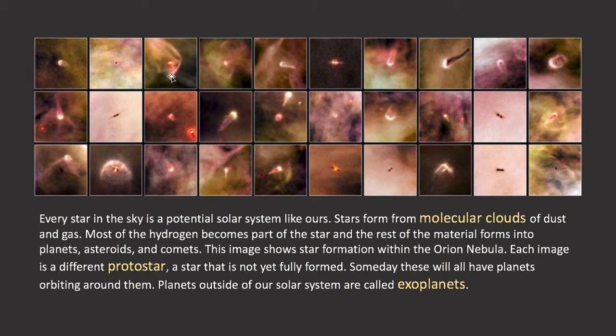You can see that they're surrounded by dust and gas, and that cloud has not yet formed into planets. If planets did start to form around these stars, and we expect that basically all of them would eventually have planets, we would call those planets exoplanets.